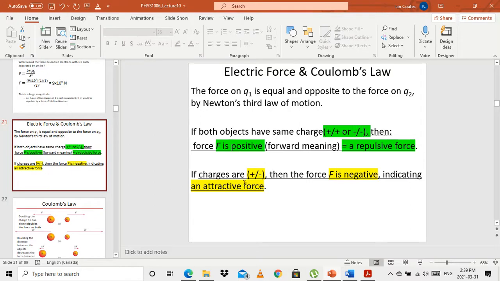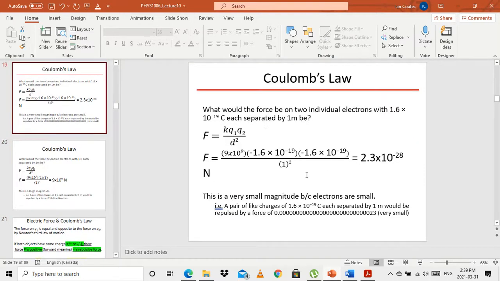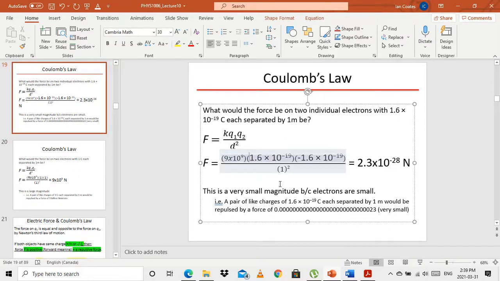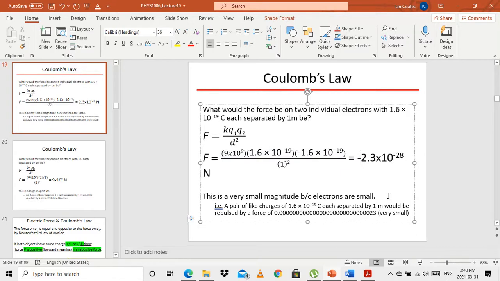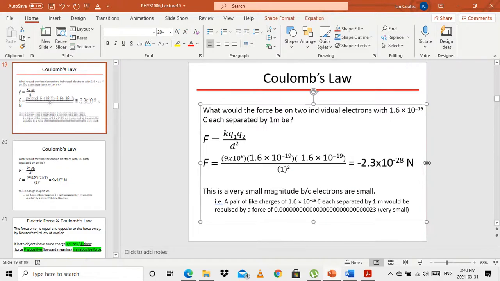If 2 charges are plus minus, in any combination, plus minus or minus plus, then the force will be negative because one of those numbers will be negative. So let's say here I have a positive charge, maybe a proton. Here I have a negative charge, an electron. The force that's going to come out is a negative force. That's how we know that these 2 are going to attract each other.